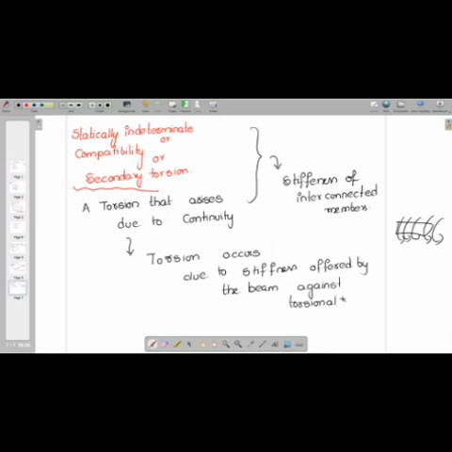Against the torsional rotation, the stiffness will be offered, meaning it will not allow rotation. That is what secondary torsion is.